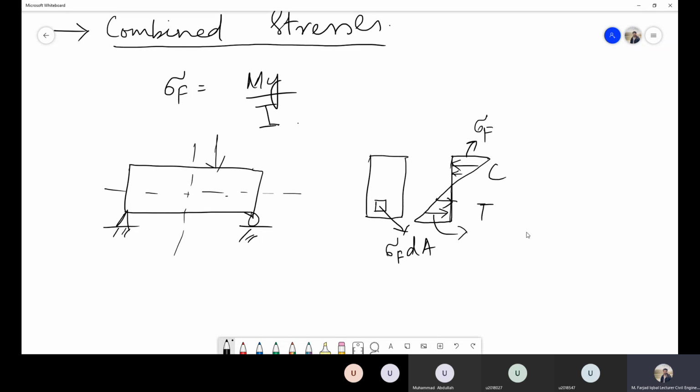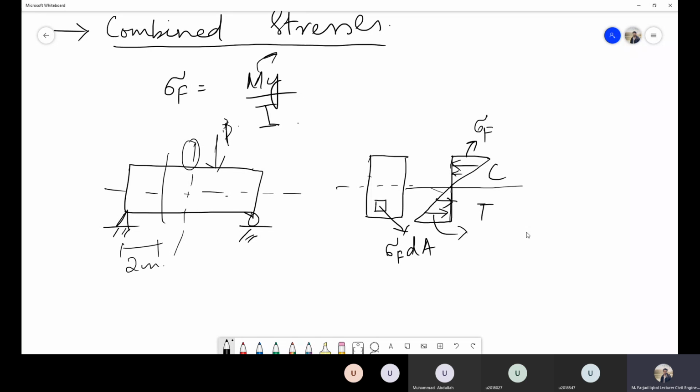So in this formula, you know that M is the moment acting at a particular cross section. For example, if I want to calculate the stresses at this cross section, I will figure out the moment at this cross section. y is the distance from the centroidal axis to the point at which I want to calculate the stresses. For example, the question may ask you to calculate the flexural stresses at a distance of 2 meter from the left support.